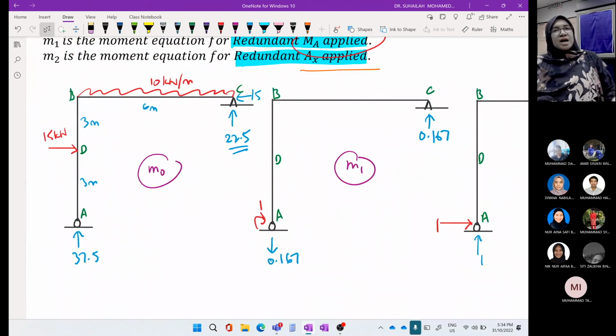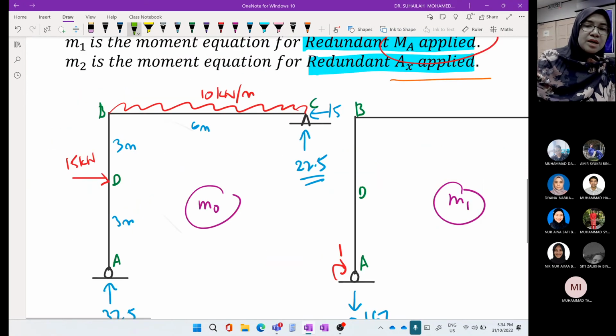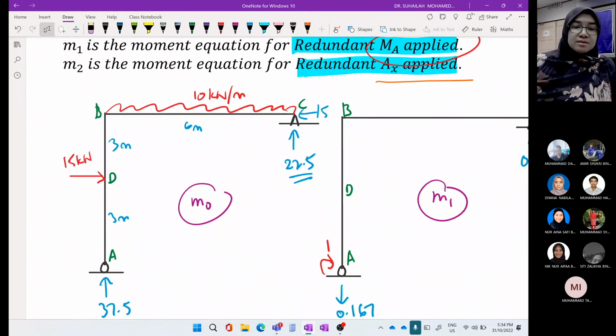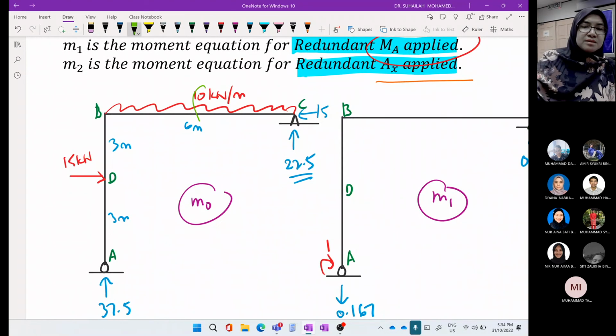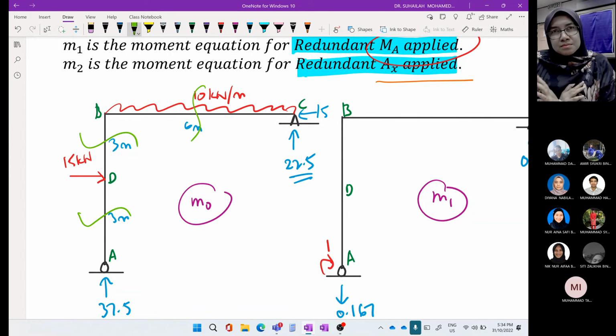Okay, we have 3 cutting sections. Dah ada reaction now. We will write the moment equation. Remain the same sections in all systems. Kita punya reference is the primary system.